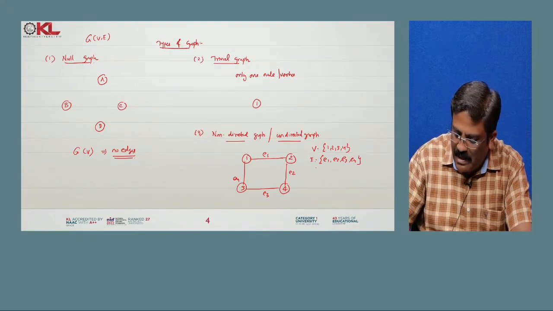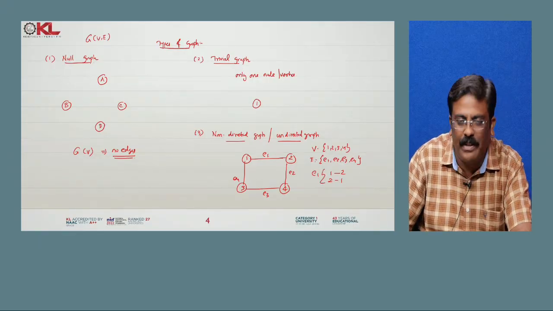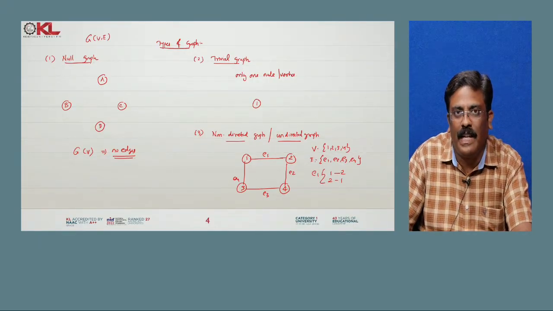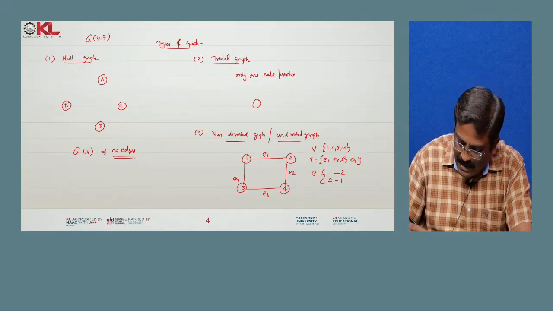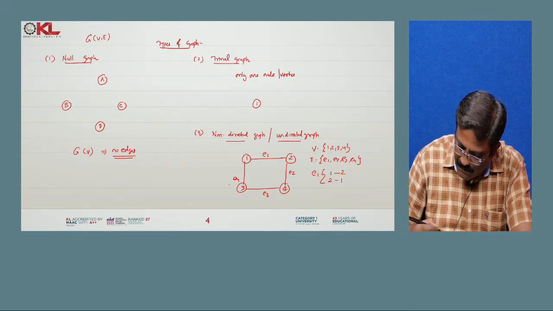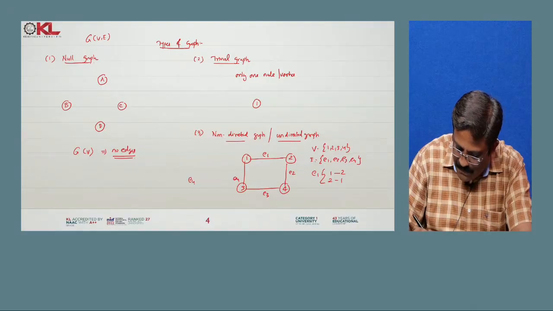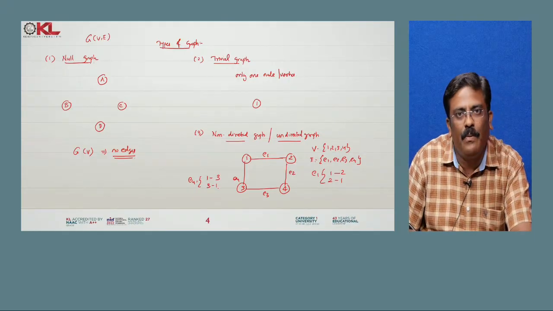I can consider this edge as connecting 1 to 2, or also as connecting 2 to 1. In the same way, E4 can be connecting 1 to 3 and at the same time 3 to 1, so the moving direction is missing.